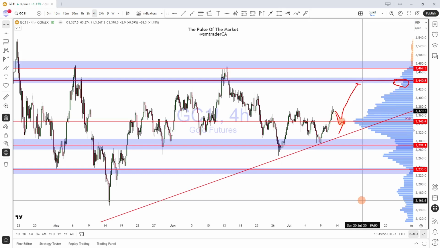Now if it breaks this high volume node, then I'd be looking for the possibility of it coming back down to this 32.90 area in this low volume zone here. Then look for another run at it to see if it would come back up.